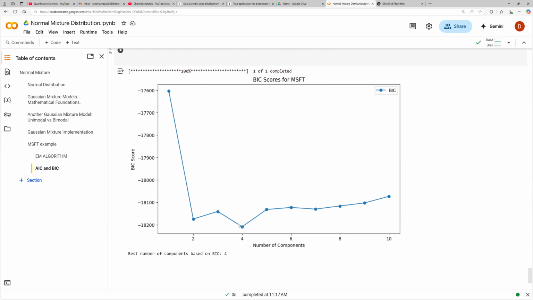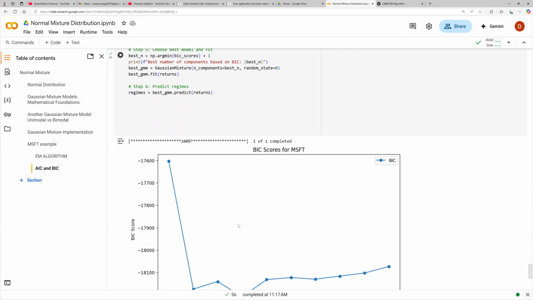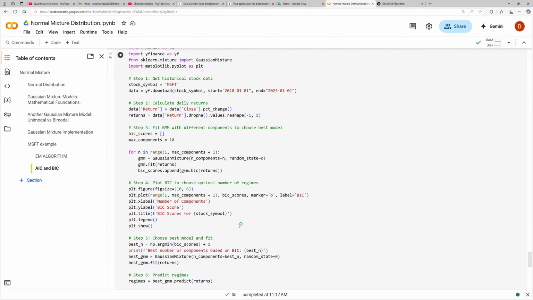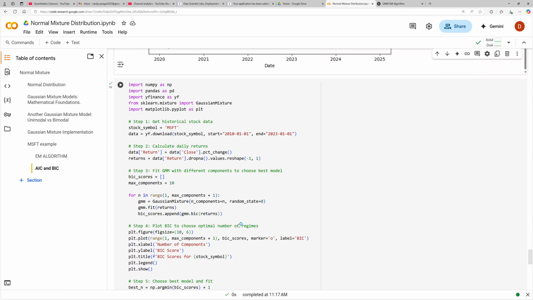This matches up with our intuition, because the longer you hold on to a stock, in this case 13 years, the greater the probability of switching between bear market and bull market. There's probably going to be more things that happen in between.